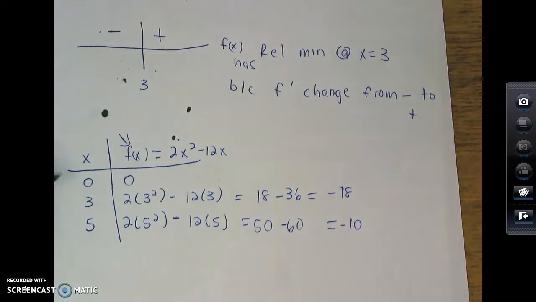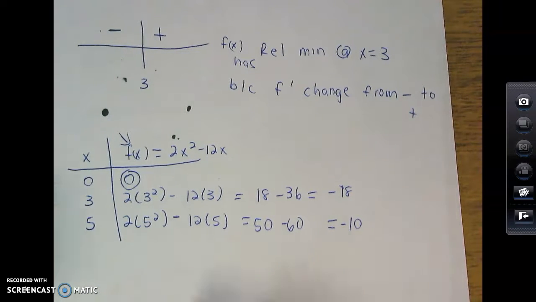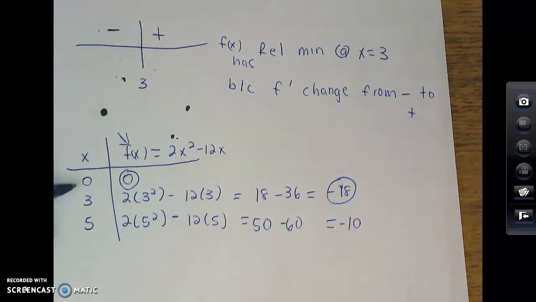So now we need to go through these values to see what's the smallest and what's the largest. Well, we have 2 negative numbers, so we can see that the largest number is going to be 0, and then our smallest number is going to be negative 18. So in this particular case, our maximum occurs when x is equal to 0, and our minimum, negative 18, occurs when x is equal to 3.